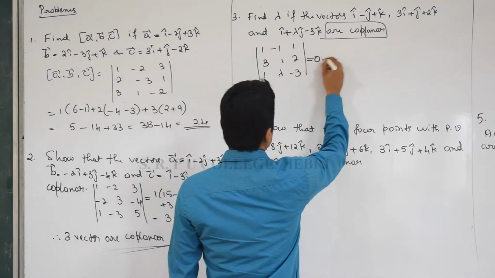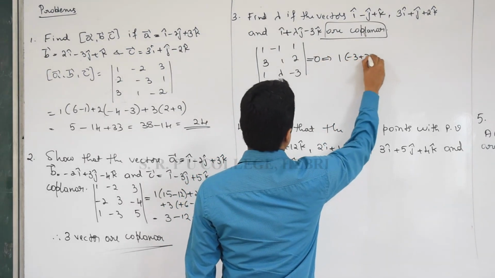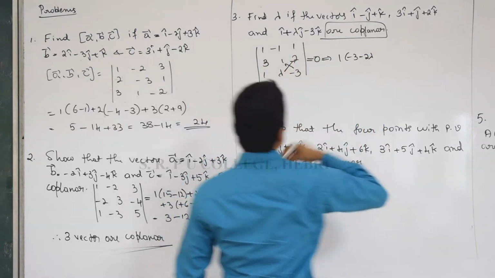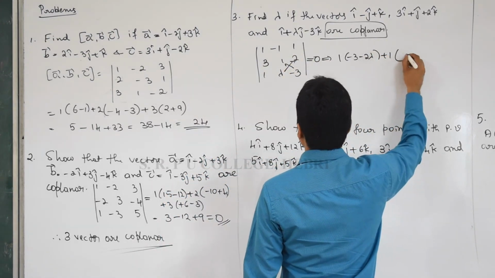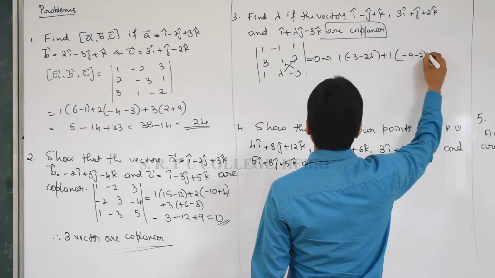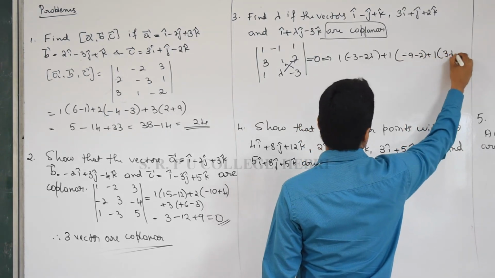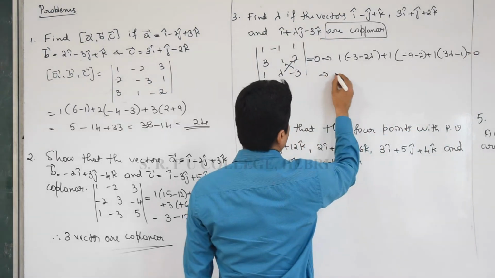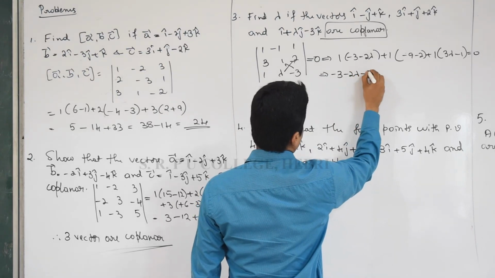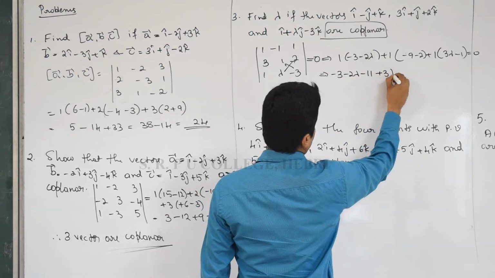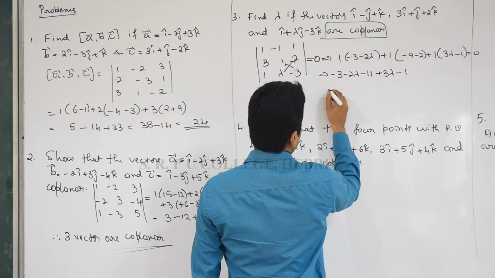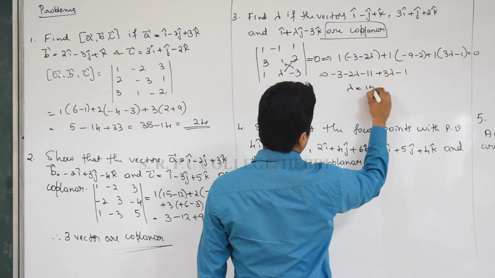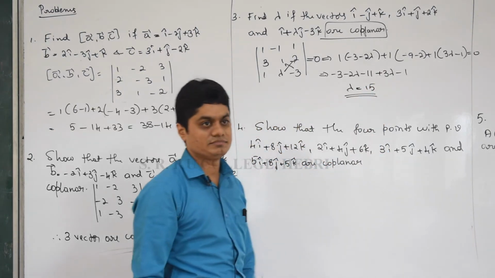So expand this: 1 into minus 3 plus minus 2 lambda, minus 3 minus 2 lambda, plus 1 into minus 9 minus 2, plus 1 into 3 lambda minus 1. So this is equal to 0. This implies minus 3 minus 2 lambda minus 11 plus 3 lambda minus 1. So it is lambda, here you will get minus 14 minus 1, so 15. So lambda is equal to 15. That's it. Did you understand?